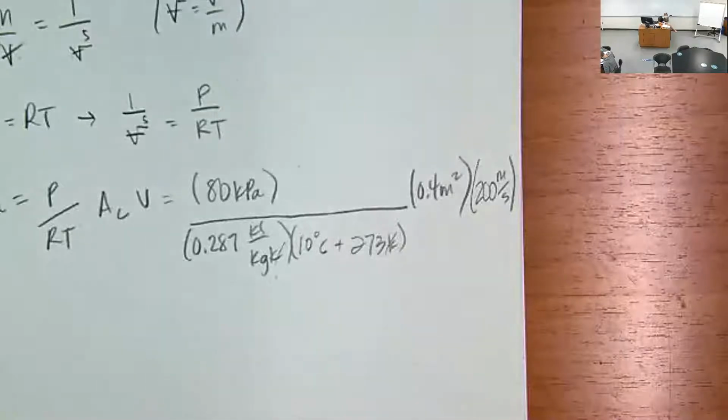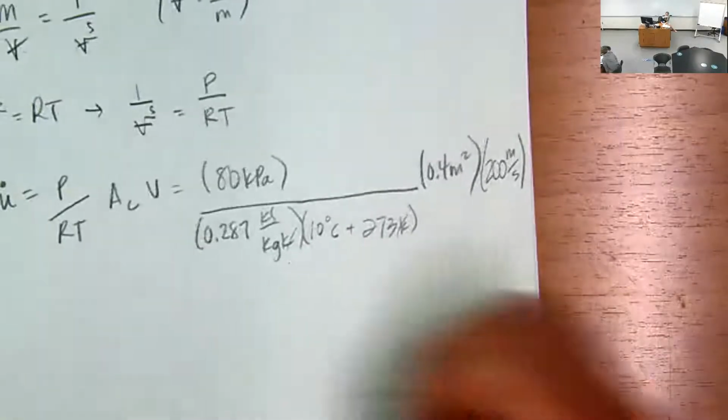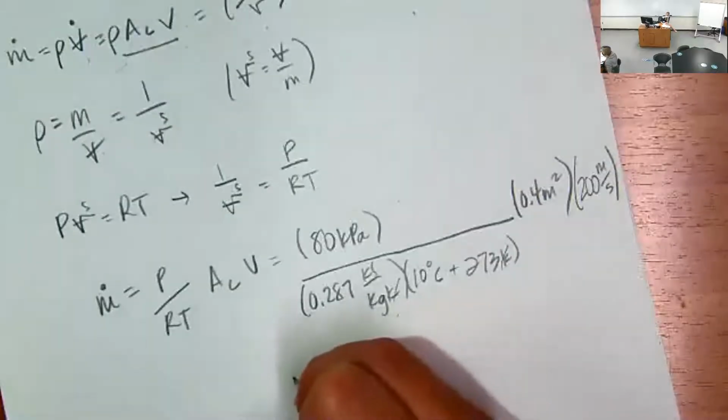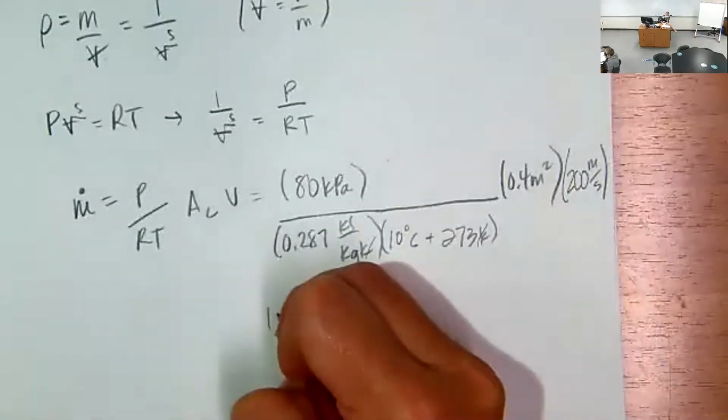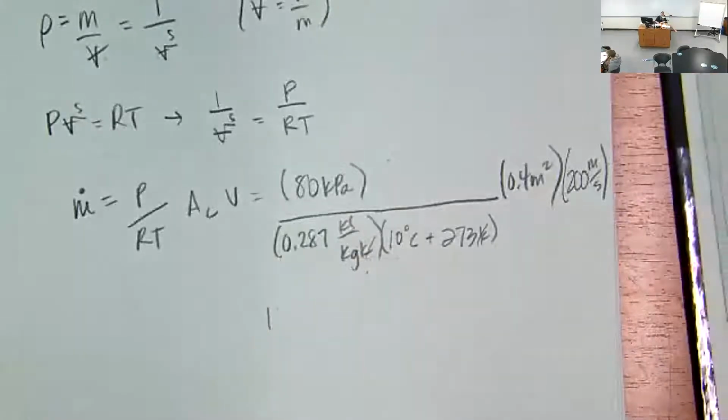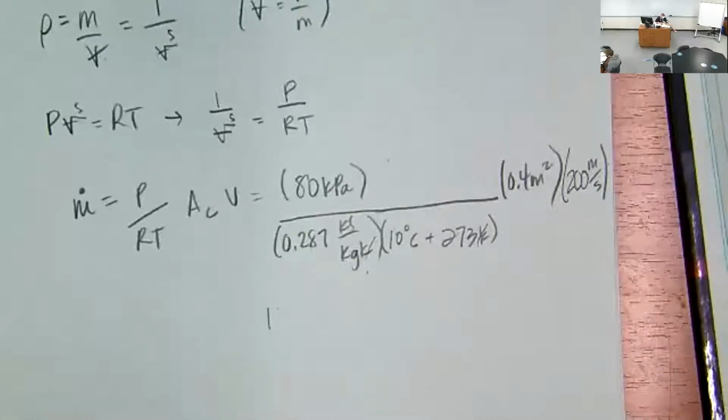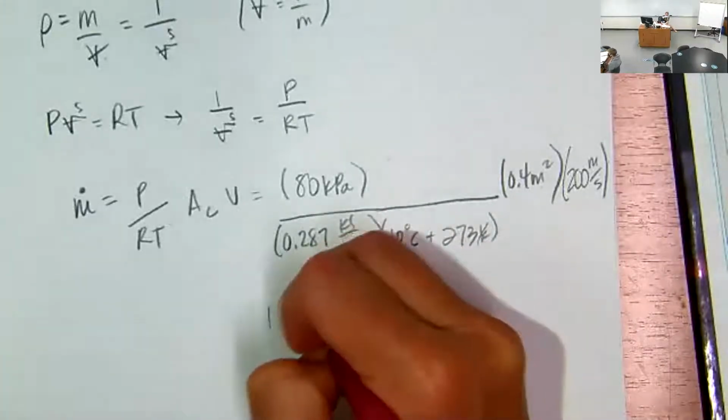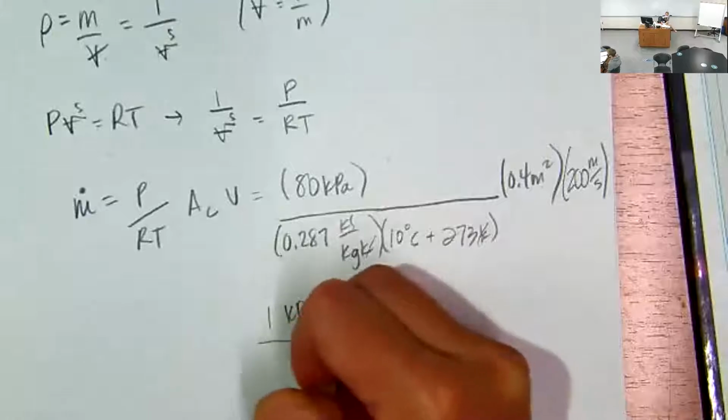And we can remember that one kilopascal cubic meter is 1 kilojoule, right?